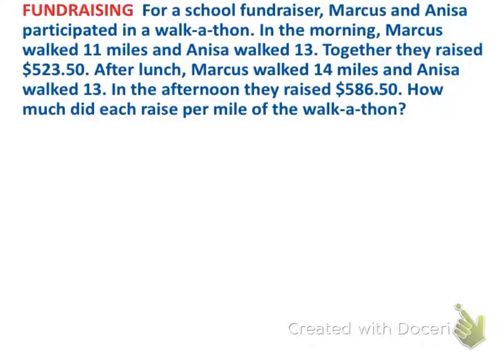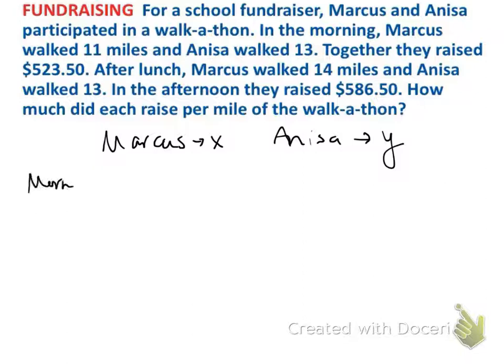Okay, so let's define our variables. The first variable is going to be Marcus, and he can be X. And the second variable is going to be Anissa, and she can be Y. Now our two equations are going to be made up of the morning and the afternoon chunks. So in the morning, Marcus walked 11, and X is the amount of money they're raising per mile.